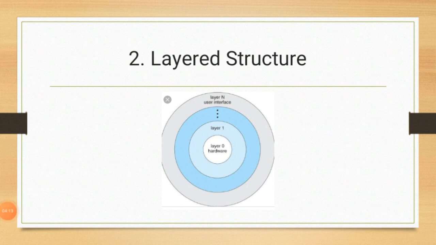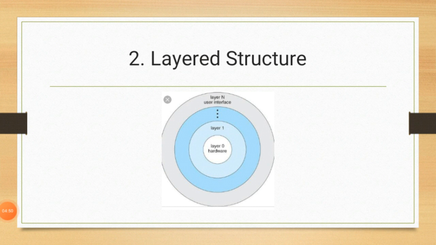Next, the layered structure. In this structure, the OS is split into a number of layers, or levels, like layer 0 to layer n. The operating system has been split into a number of layers, and each layer performs different functions.